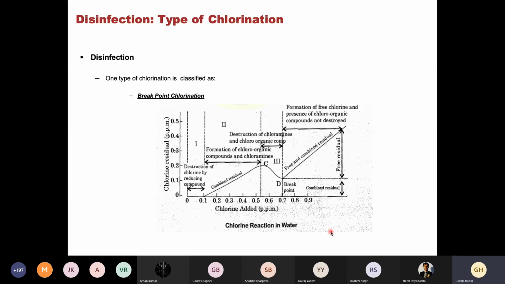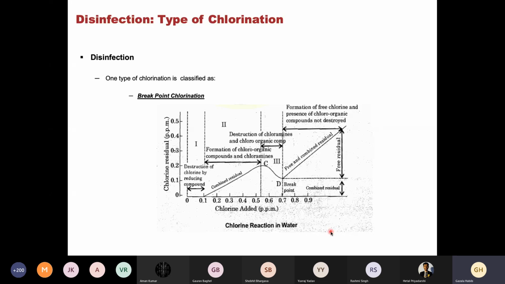Now this is very important to know: what are the different reactions that happen inside the water, and when free chlorine will be available. As I explained earlier, when you apply chlorine in the water, the inorganic and organic impurities both react with chlorine.